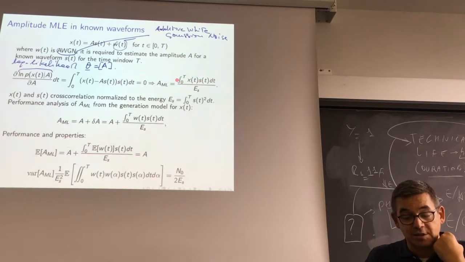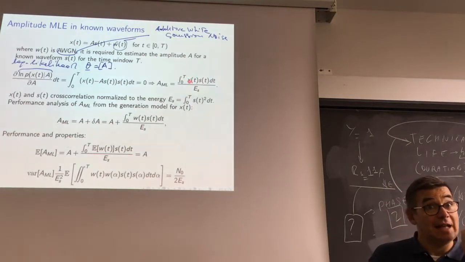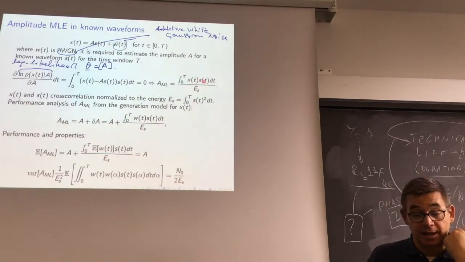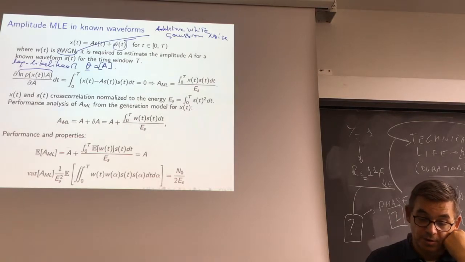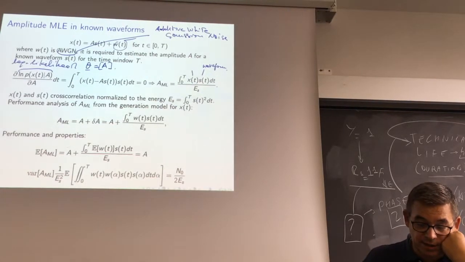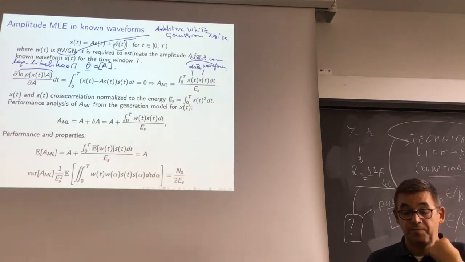Now this one is the cross correlation between x(t), which is the data, and s(t), which is the waveform. The waveform is known, and this is the data. That is cross correlation.